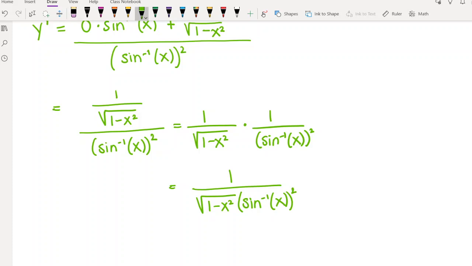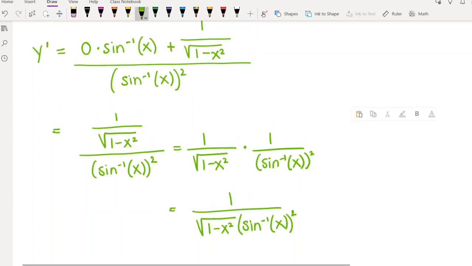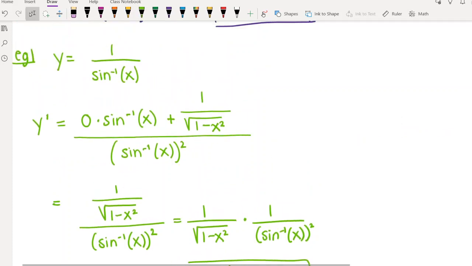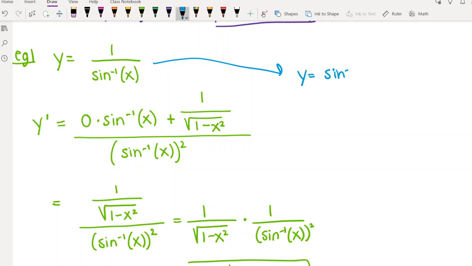And you should get the same thing if you do the chain rule, and you can almost see where the pieces come from. If you were to use the chain rule here, you would want to rewrite your original function, and this is going to be kind of confusing looking, but you would rewrite it as inverse sine y is equal to inverse sine of x to the -1.